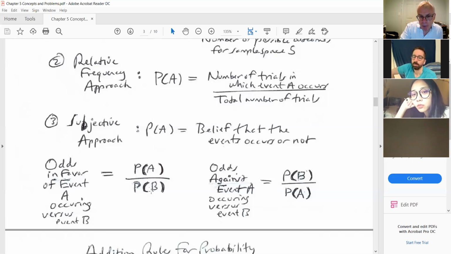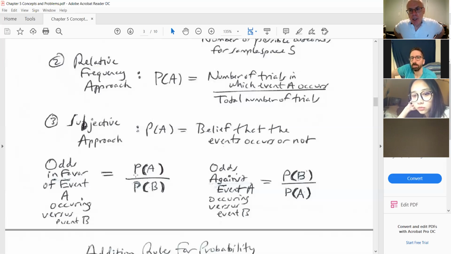If you want to know what are the odds against rolling a 2, then it would be 5 to 1. Just the reverse. And if you have odds, you can do the reverse to find the probability. For example, let's say that your odds of winning something is 3 to 2.